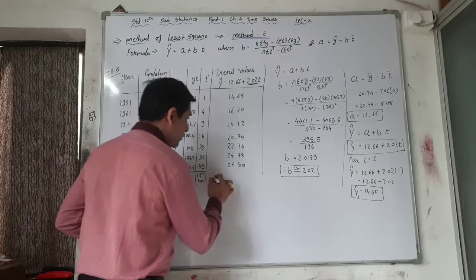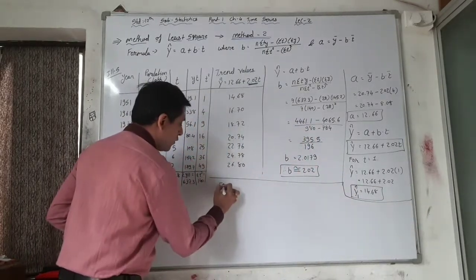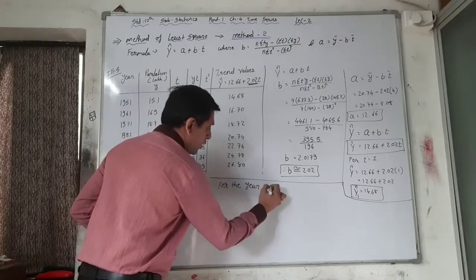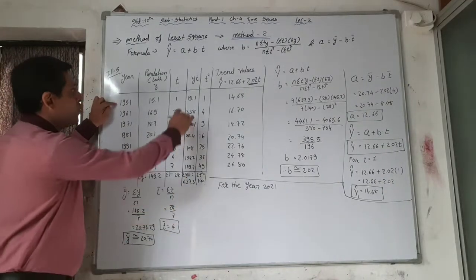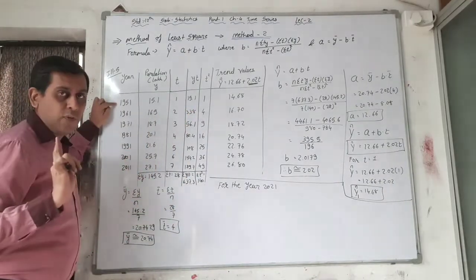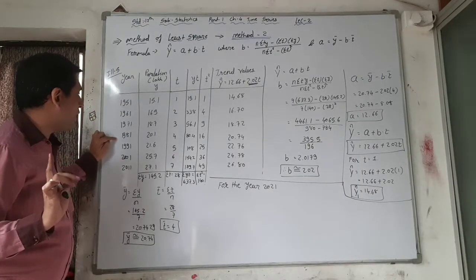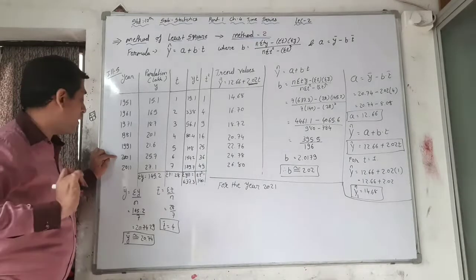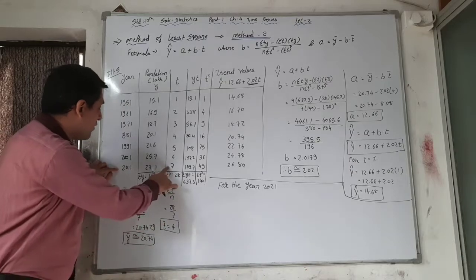Now, for the year 2021, see here, 1951 is equal to 1. We are taking 1951 as 1, 61 as 2, 71 as 3, 81 as 4, 91 as 5, with a 10-year interval, 2001 as 6 and 2011 as 7.